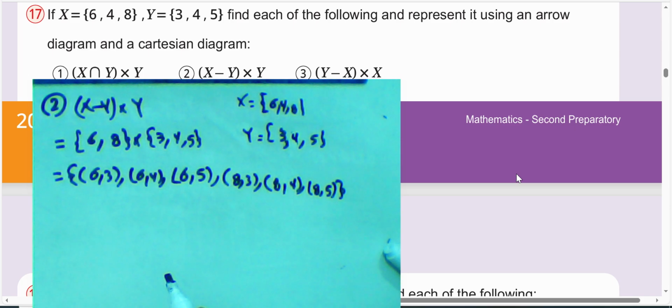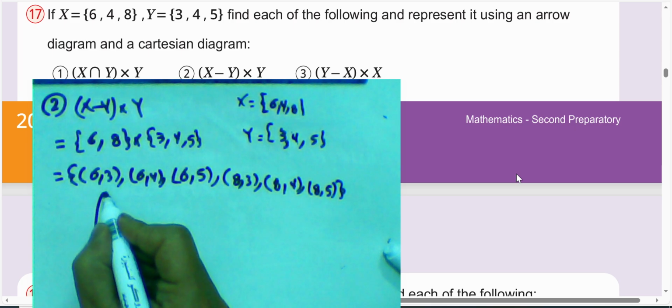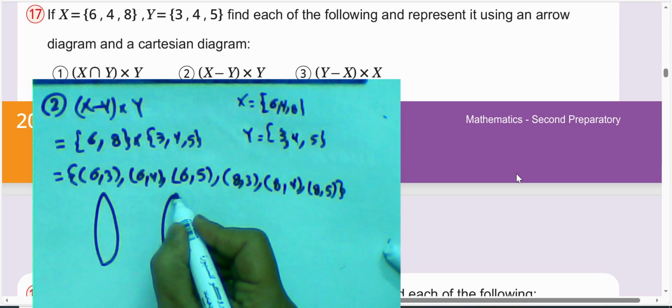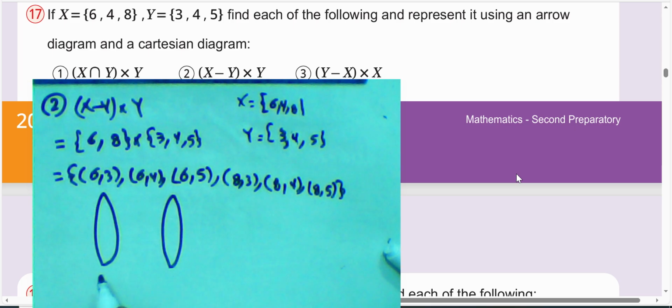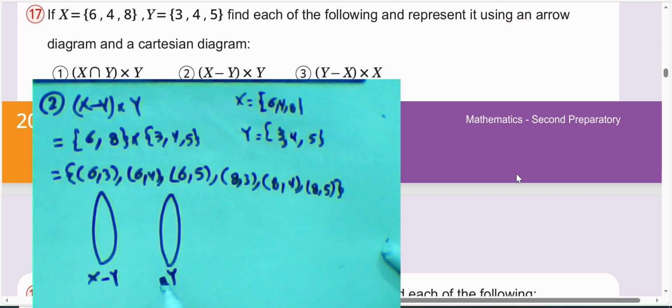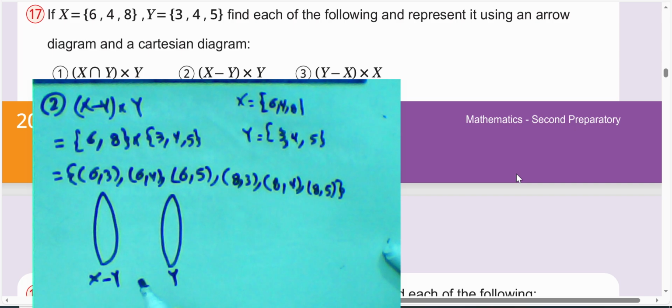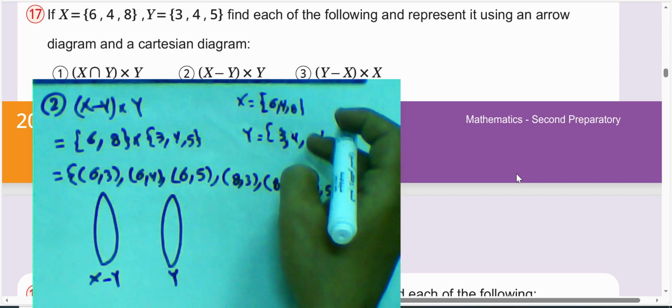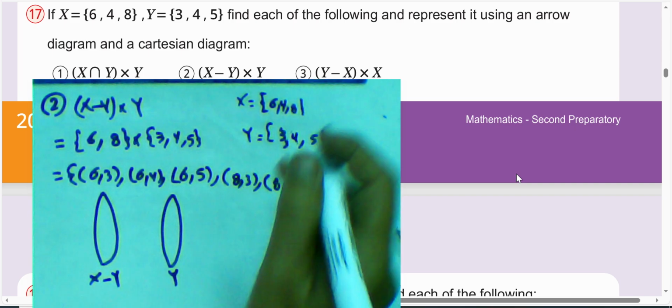Okay, understood? I will draw using the arrow diagram. First is x difference y and second y. X difference y: what are the elements in x not found in y? We have 8 and 6.